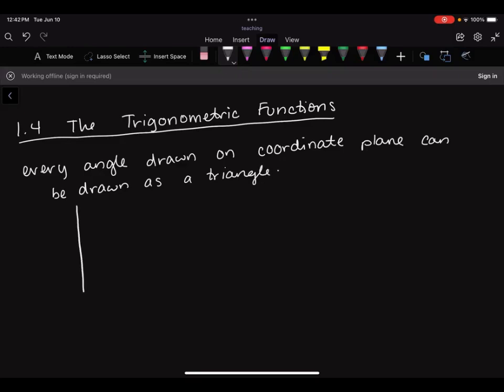So what I mean by that is if I have the normal coordinate plane and I have an angle, there's a point that that angle is going to go through. We can call that point xy. And so if I draw it as a triangle, I have an x distance and I have a y distance. We will often call the hypotenuse the radius, and that's because if I drew a circle around this, that would be the radius of my circle.